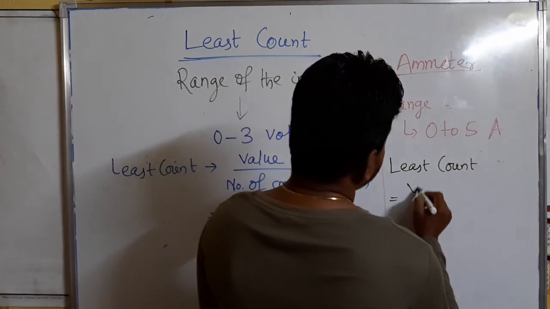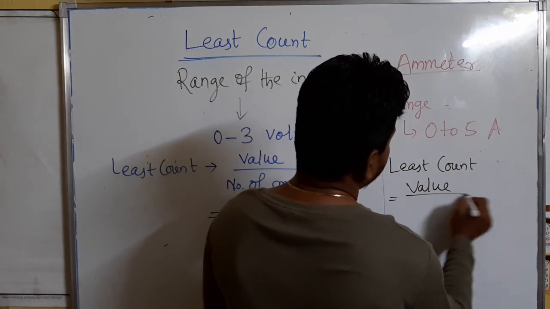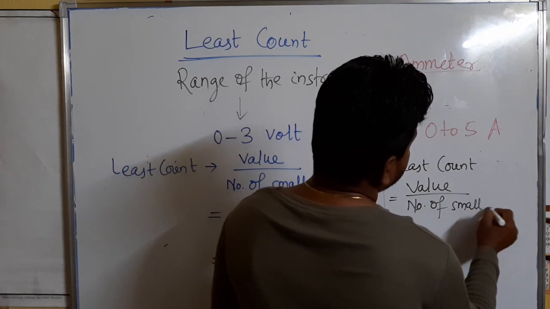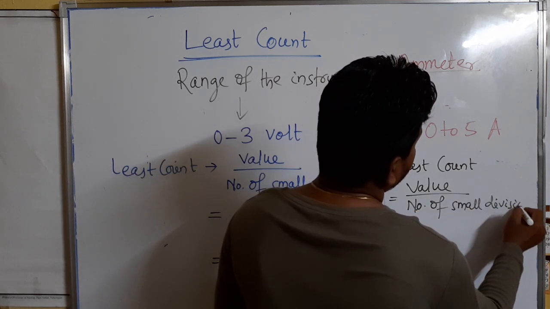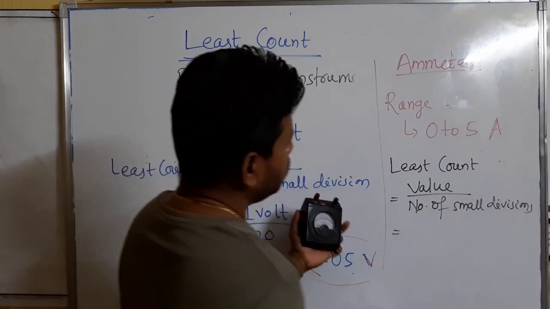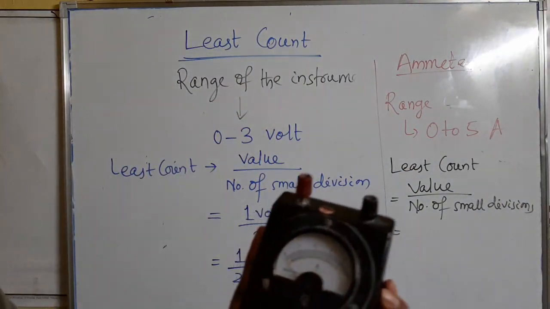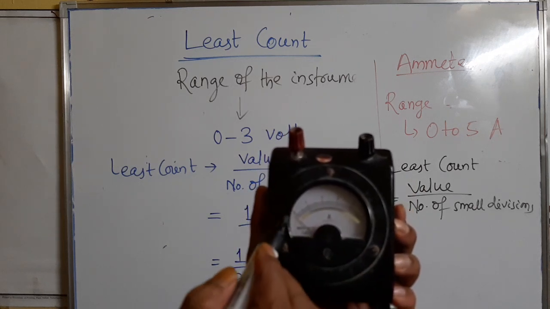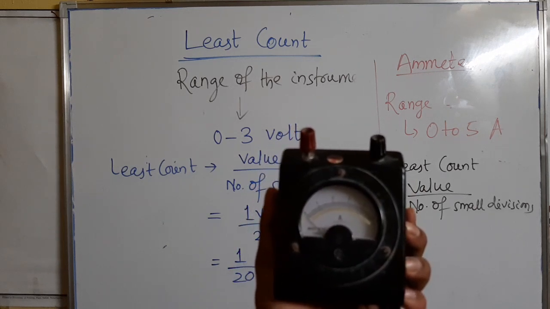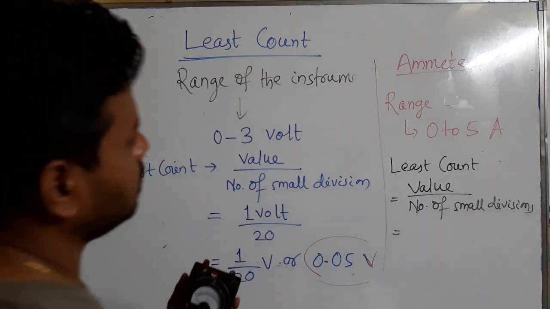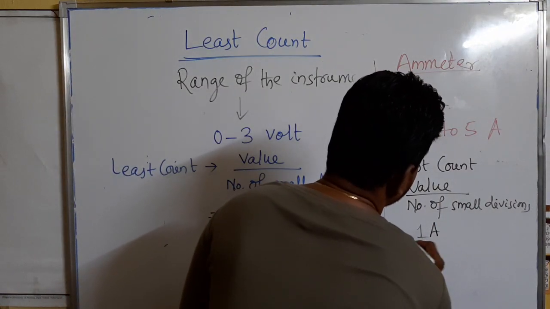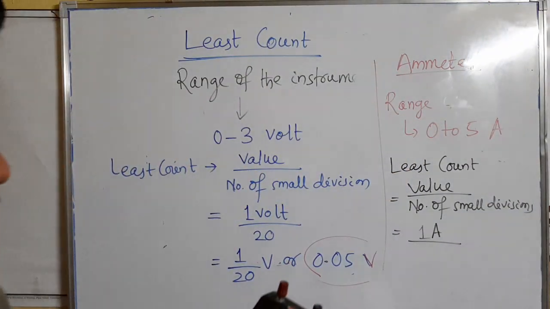Here also the same formula: value divided by number of small divisions present in that value. As you count from 0 to 1, the value is 1 ampere, divided by the number of divisions.